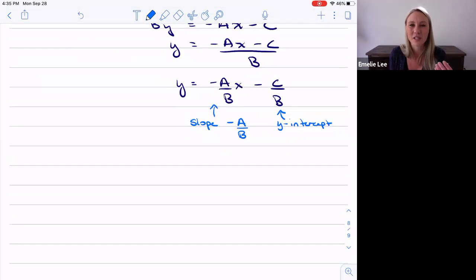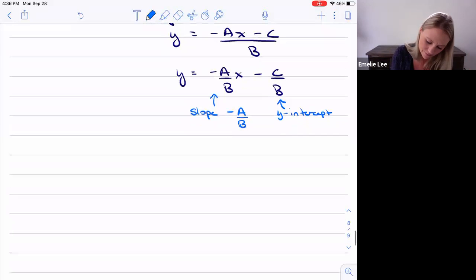Often, if I say always, if I say intercept, I mean the y-intercept. If I mean the x-intercept, I'll say x-intercept. But that's just me, guys. So the y-intercept is going to be negative c over b, right? Because it's y equals mx plus b, so that negative c over b is my y-intercept.